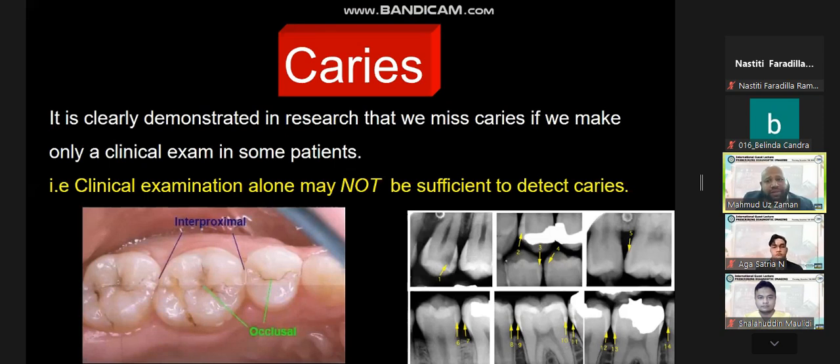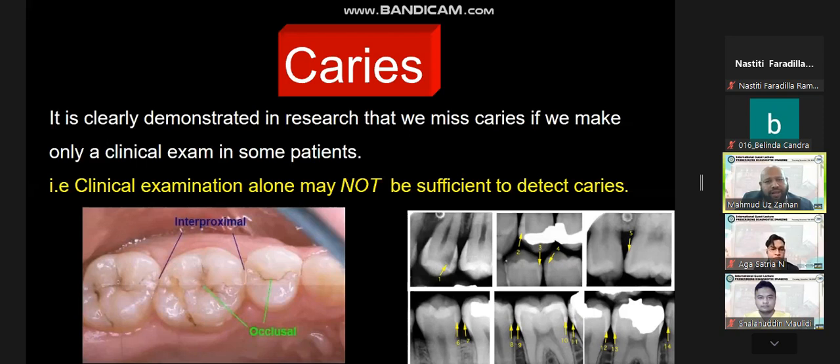Sometimes it is very common that we miss some caries lesions while examining the patient. So the radiograph will help you to determine, especially the proximal caries. Sometimes it is very difficult to see in between 2 teeth, and whether it is advanced caries, or moderate or mild caries, it is very difficult.